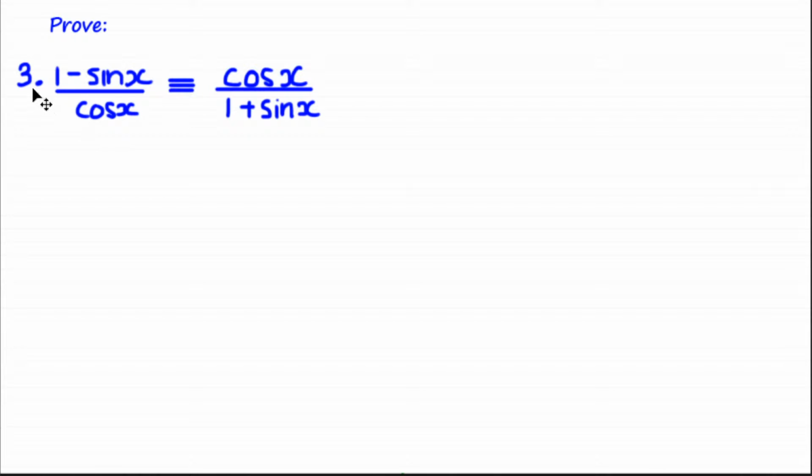Now, in the numerator, we've got 1 minus sine x, okay? And there's not too much we can do with that 1 minus sine x. However, we know that we can do a lot more with 1 minus sine squared x, right? Using one of the Pythagorean identities, the major ones, okay? So a way we can rewrite this term is by multiplying by its conjugate.